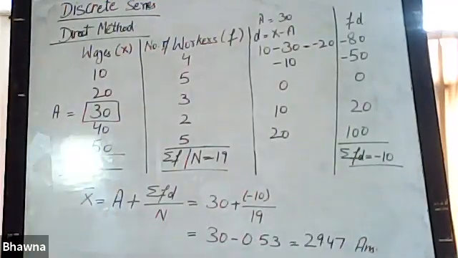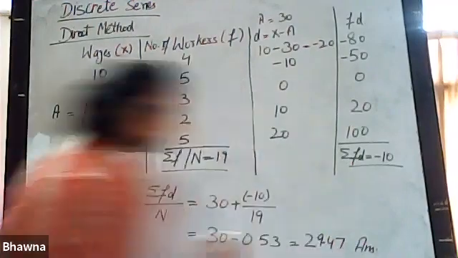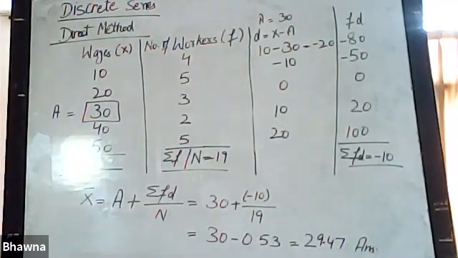So the mean wage is 29.47. So this is all about discrete series with the direct method and the shortcut method also.